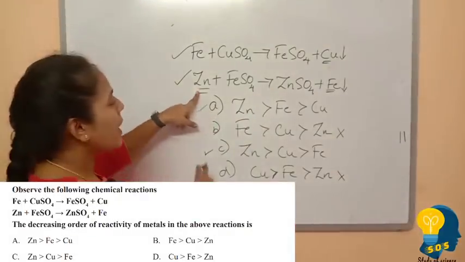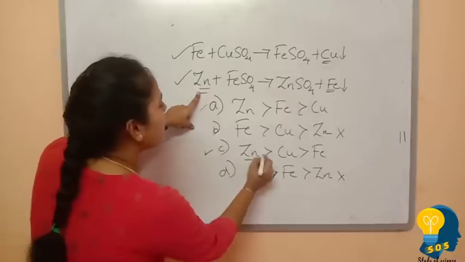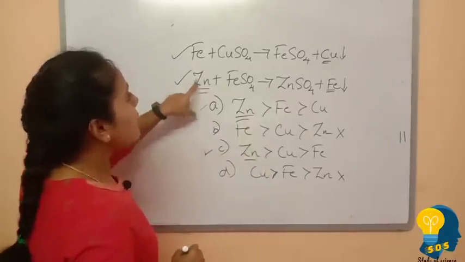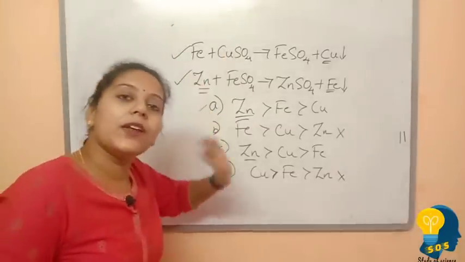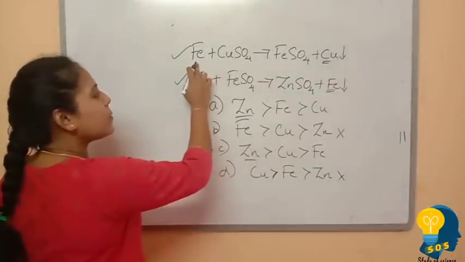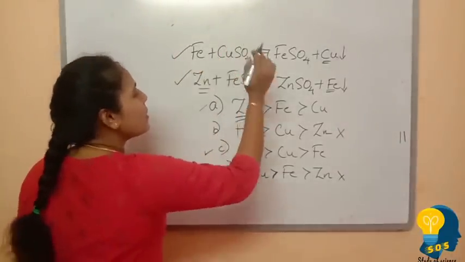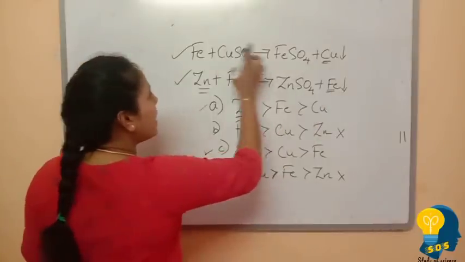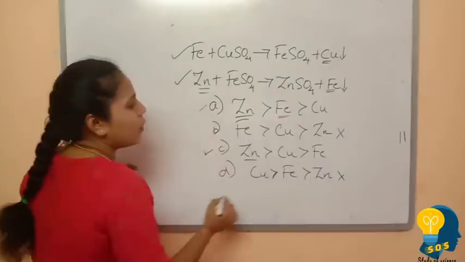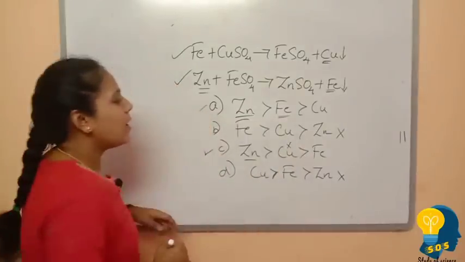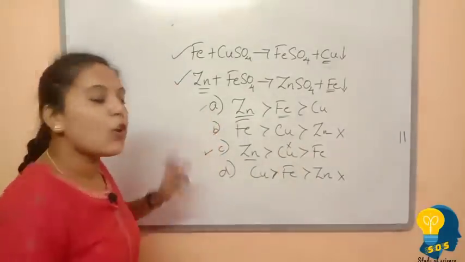Zinc is more reactive than iron, so first place should be given to zinc. Iron is more reactive than copper. That is the reason iron is displacing the copper from the copper sulfate solution. So the second place should be given to iron, not to copper. That is the reason the first option is correct.